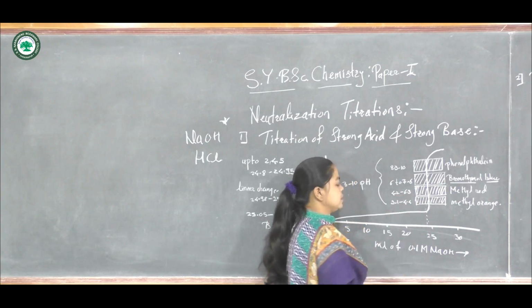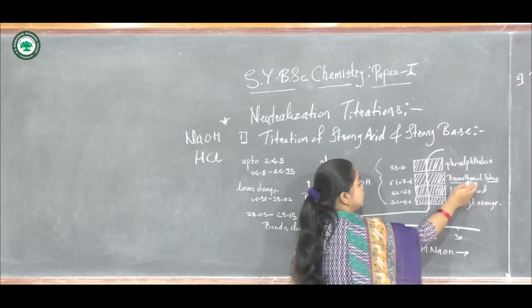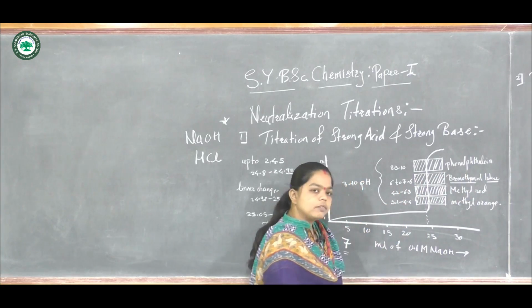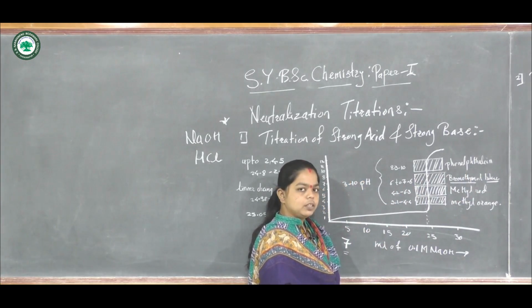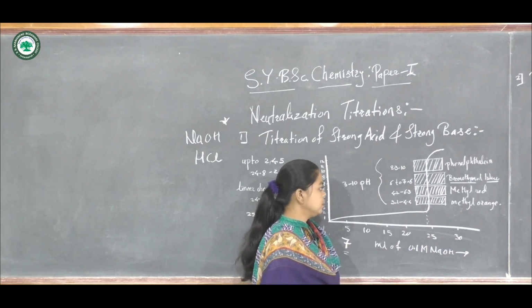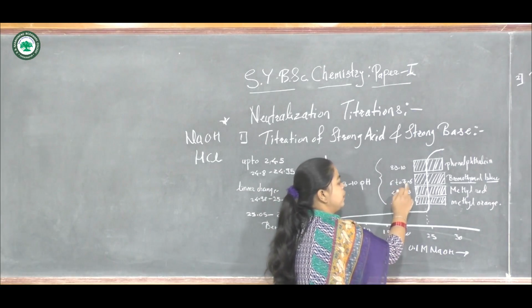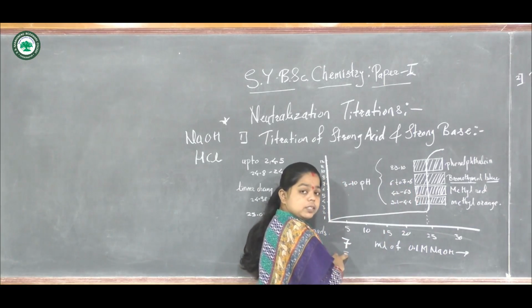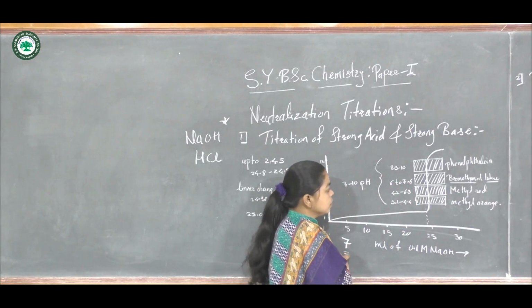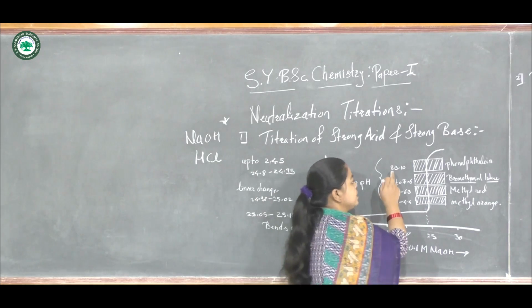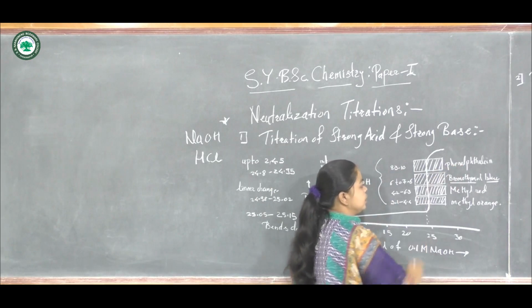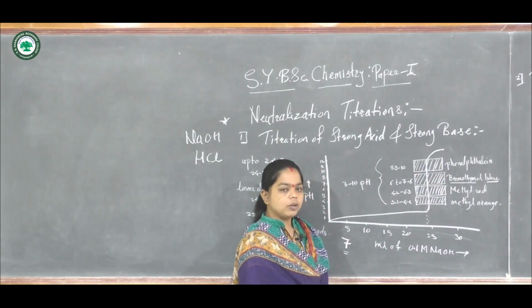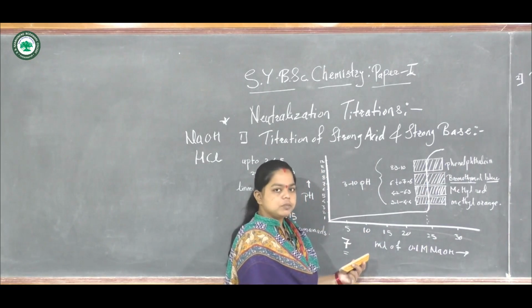Methyl red again is different from 7. Bromothymol blue, 6 to 7.6, is somewhat near, and it covers the value 7. Next is phenolphthalein, 8.3 to 10 pH units, which does not include this pH value.